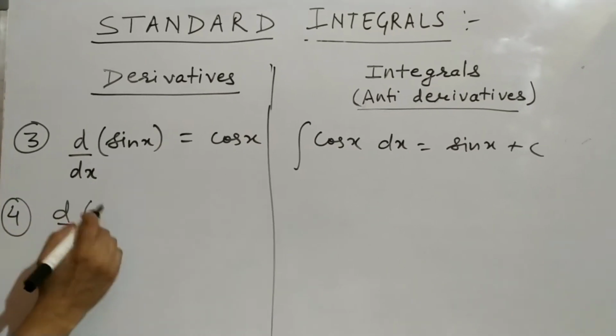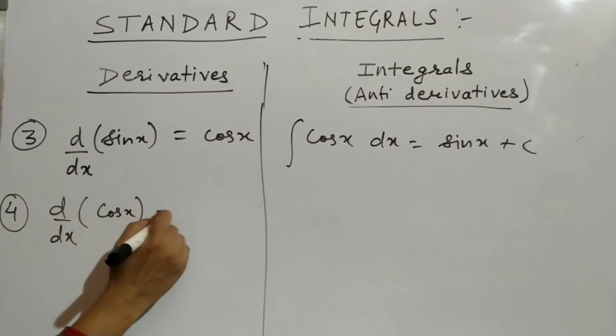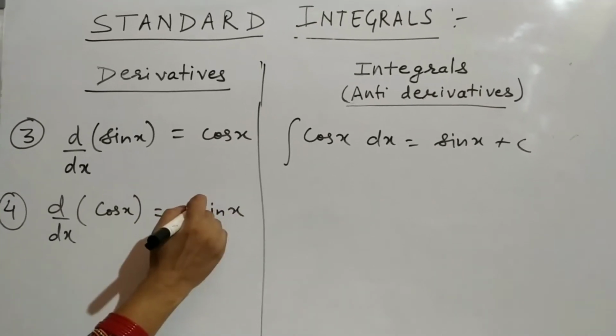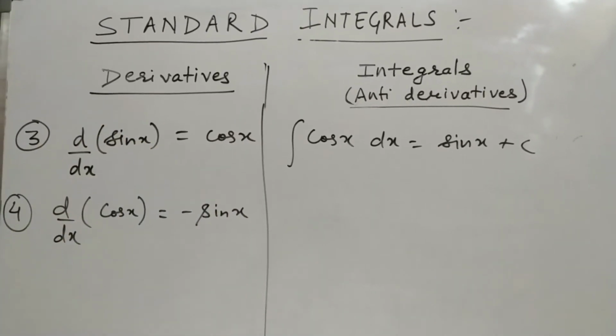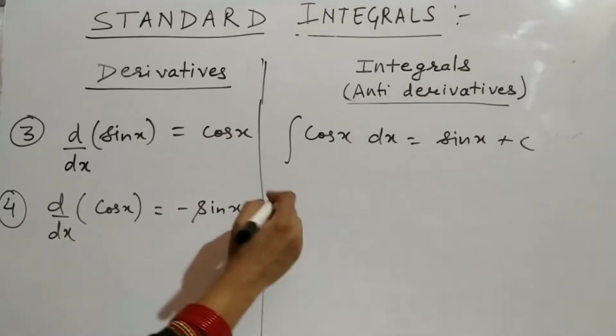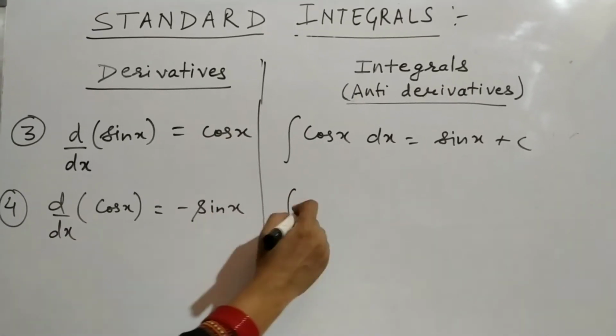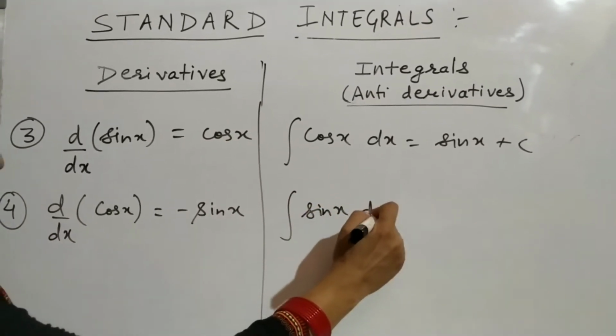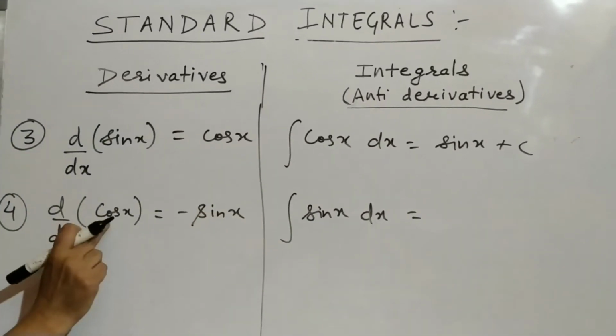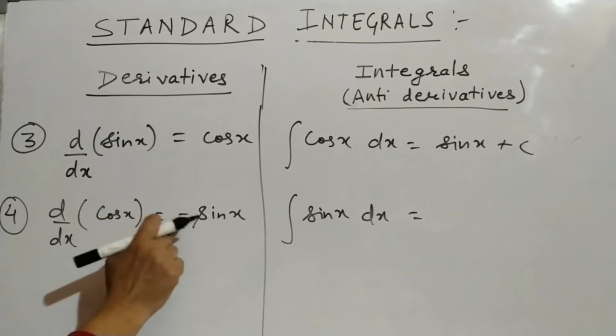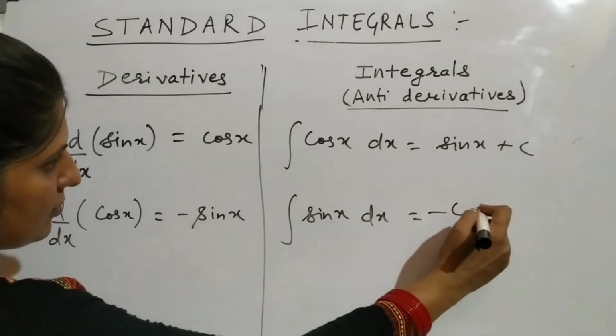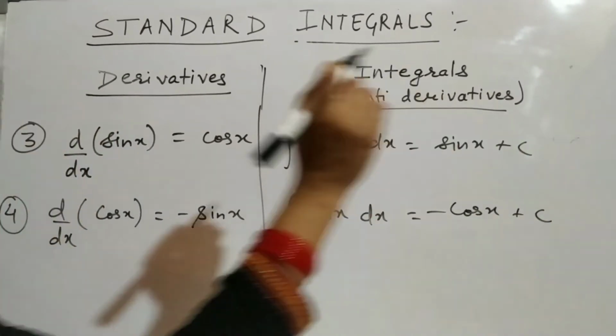We know that the derivative of cos x is equal to minus sin x. That implies the integration of sin x is equal to minus cos x plus c.